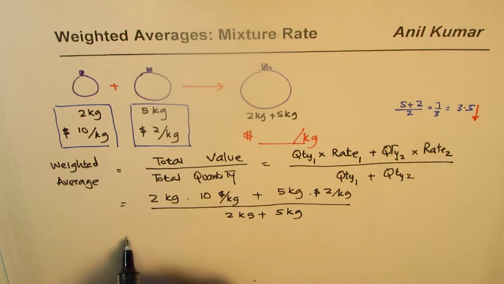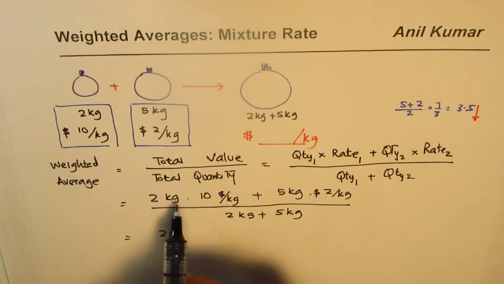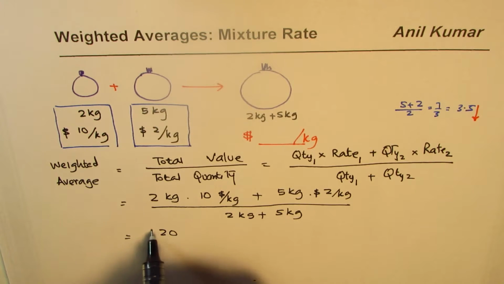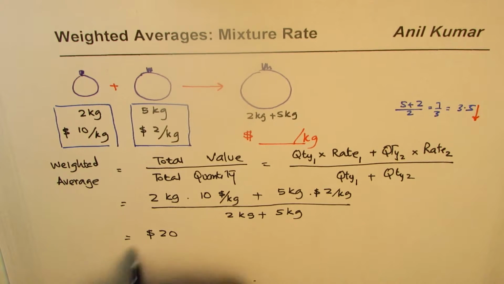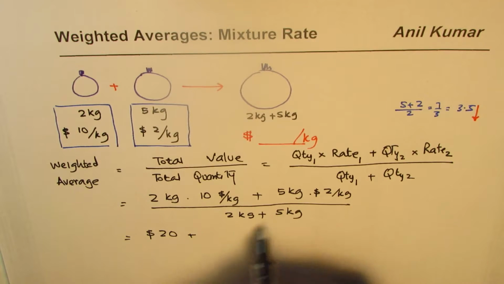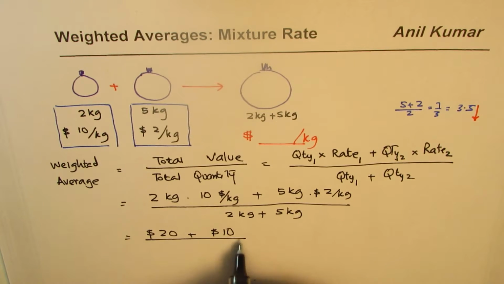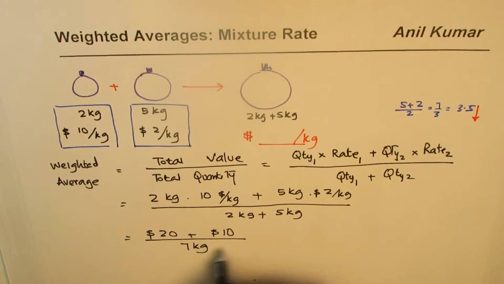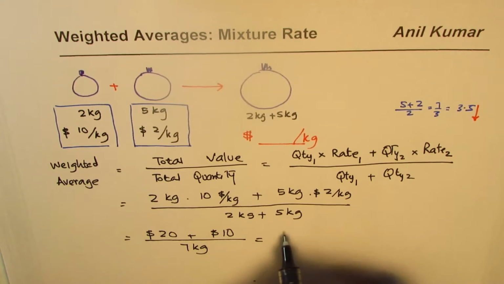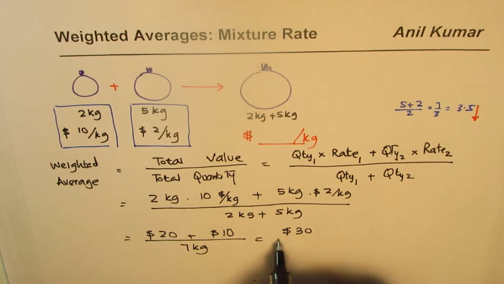So let's multiply. 2 times 10 is 20. Units will be kg, kg cancels, so we get dollars. It's customary to write dollars first. 5 times 2 is 10, divided by 2 plus 5, which is 7. So when you add this up, you get $30 divided by 7 kg.